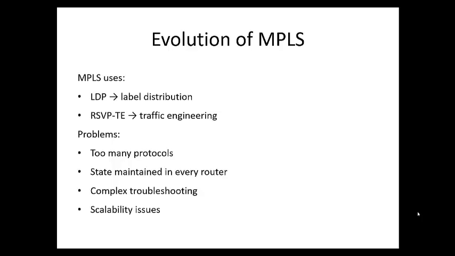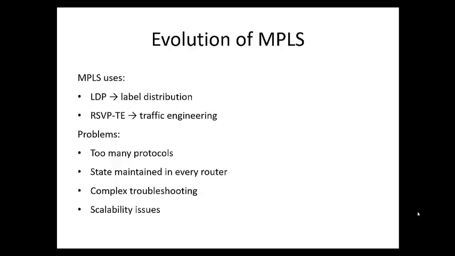For them it is too complex. Complexity is that layer after layer you are adding. Instead, if you have a single protocol to determine the control plane, then it is easy for the developers to automate it. The problem is too many protocols to achieve traffic engineering in MPLS.